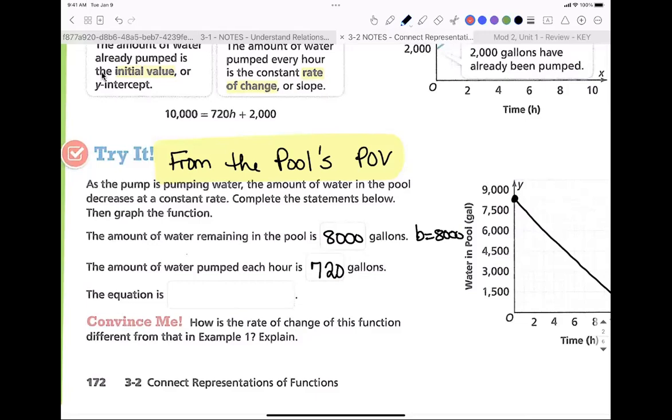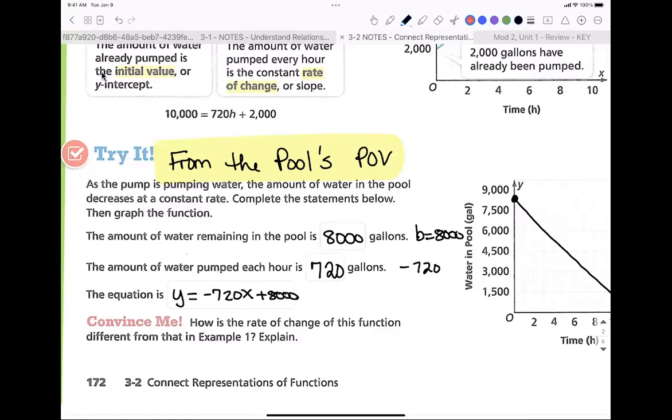And we're losing 720 gallons per hour. So our equation from the pool's point of view is y equals negative 720x because it's losing 720 gallons per hour plus the 8,000 it already has to get out of there.